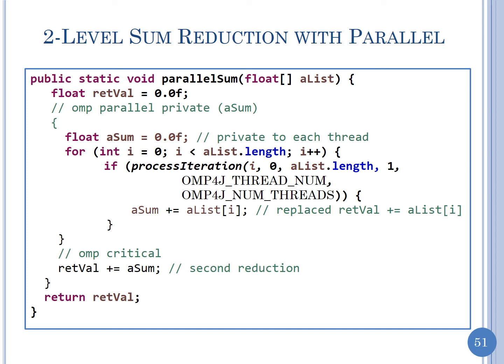Okay, so here's what OpenMP gives us. Remember when we were converting our code to Java code, we had to create a context object that was shared by all threads.